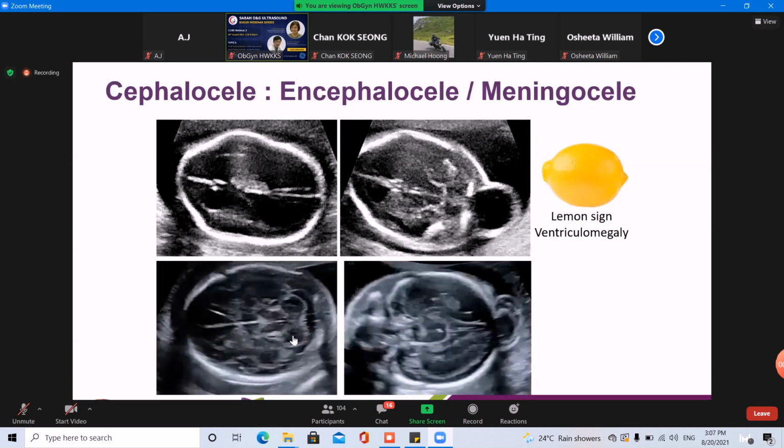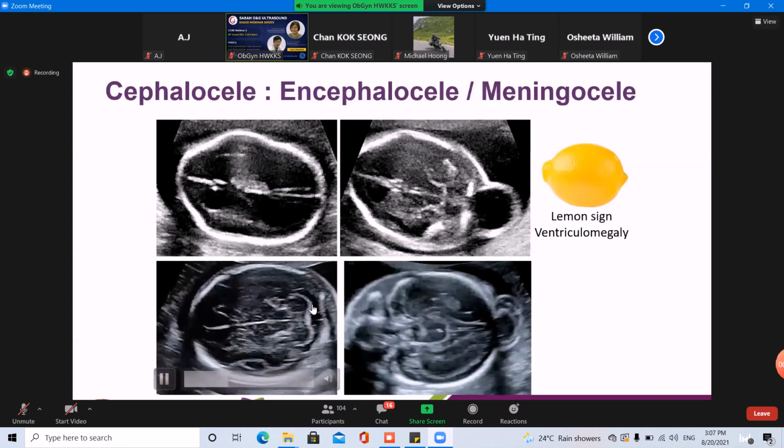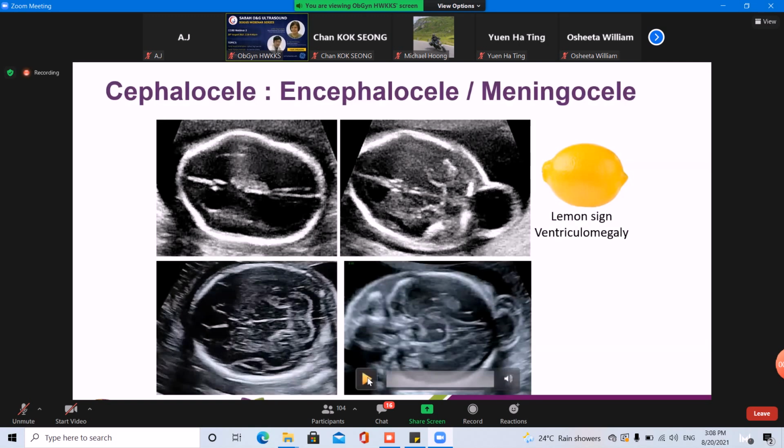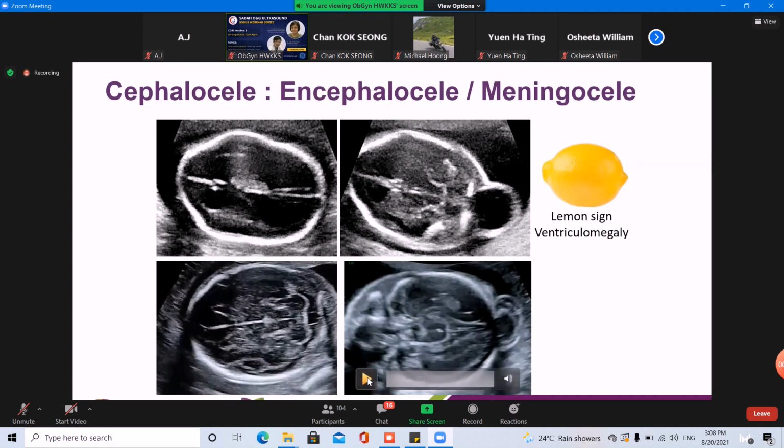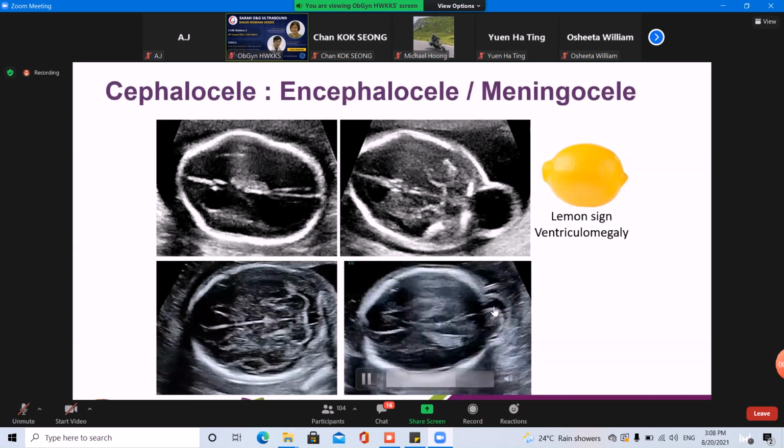But when you take a look at the second case here, when you look at the transcerebellar plane, you can see that the head shape is normal, the cerebellum is normal, everything is fine. When you take a look at areas above the cerebellum at the transventricular plane, you can see the ventricle is not dilated at all.